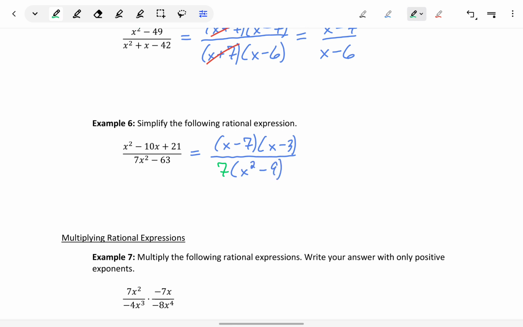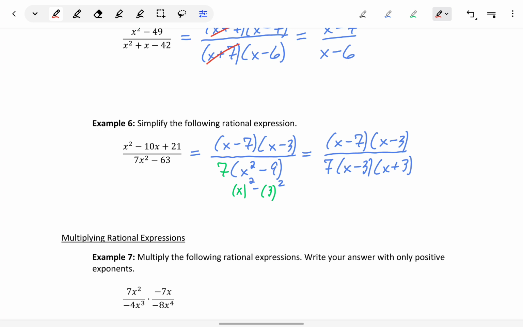Once we pull out that greatest common factor, now we do have difference of squares, because this is the same thing as x squared minus 3 squared. So we can rewrite our expression as x minus 7 times x minus 3 divided by 7 times x minus 3 times x plus 3.